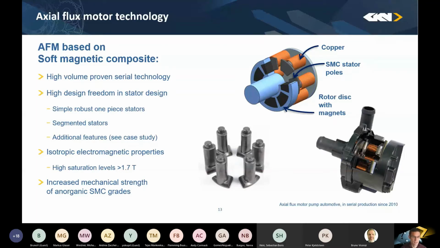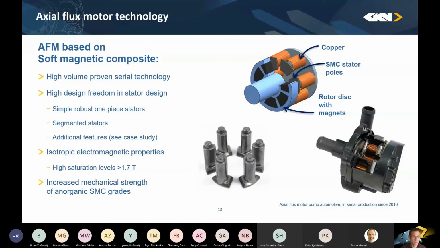Electromagnetic properties of SMC are getting better and better with each generation of powders. So we can also build motors with high saturation levels. Currently about 1.7 Tesla is no problem to be established in an axial flux motor.